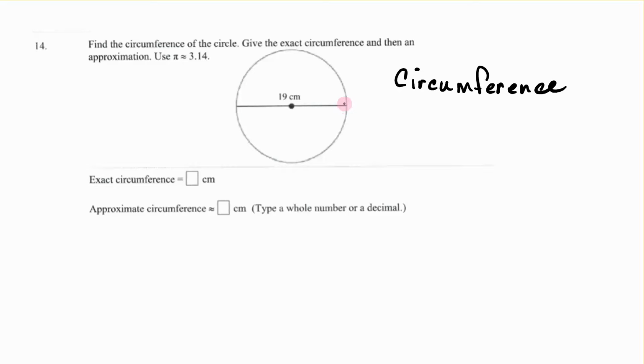There are 2 formulas for the circumference of a circle. I'm going to choose to use one that I think is going to make your math easier. I'm going to say circumference is 2 times the number pi times the radius. Let me define radius. In a circle, from the center out is the radius.